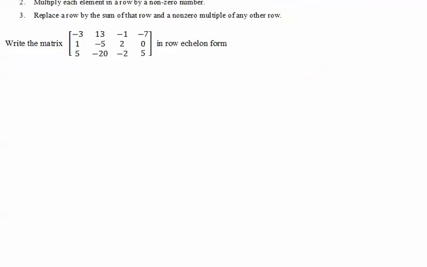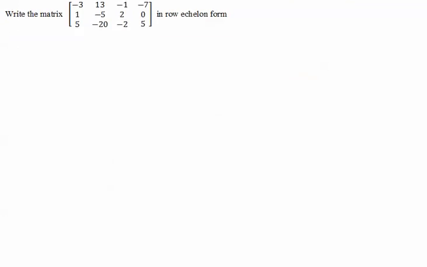using these elementary row operations. So the first thing here, I need the 1 up at the top, at the first row, and the leading coefficient must be 1. To do that, I see I already have a 1 here.